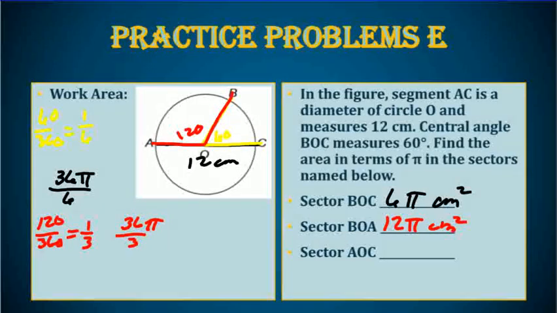And then we have AOC. So we're finding half of the circle, so 36 pi divided by 2, which would give us 18 pi square centimeters. So that is our lesson on finding area of a circle.